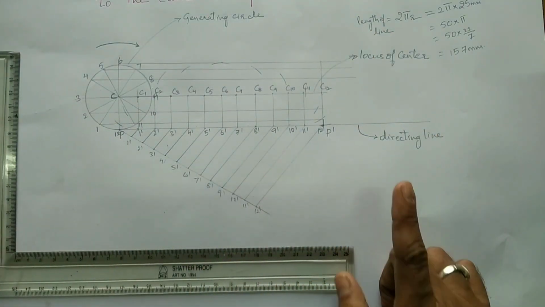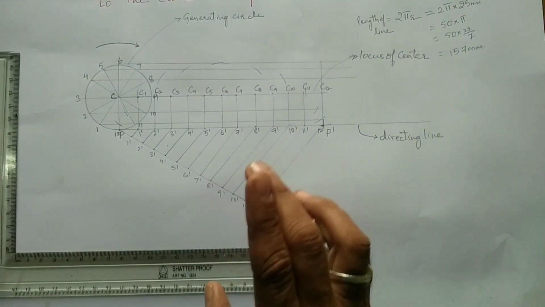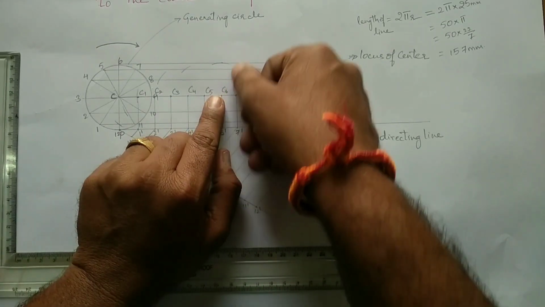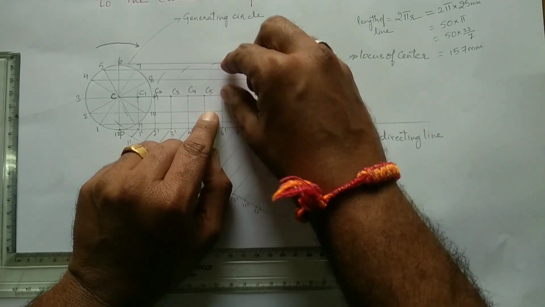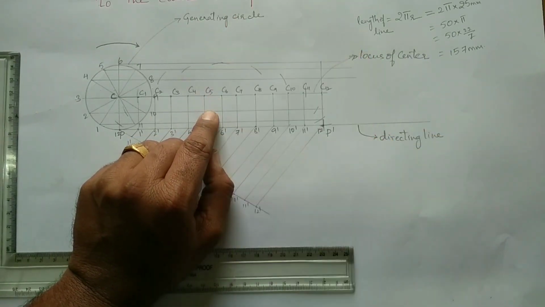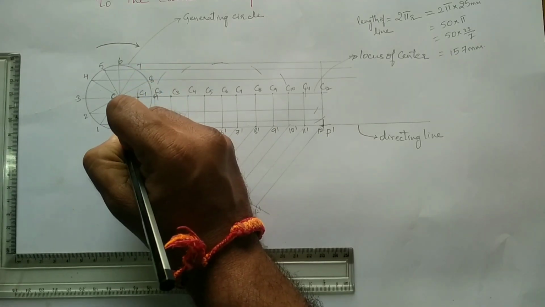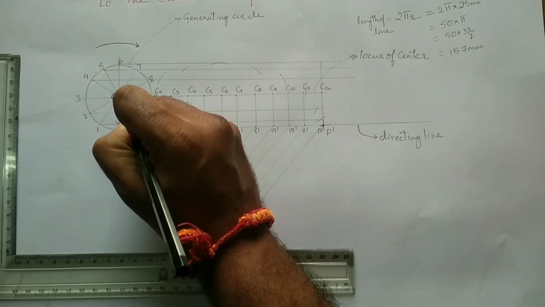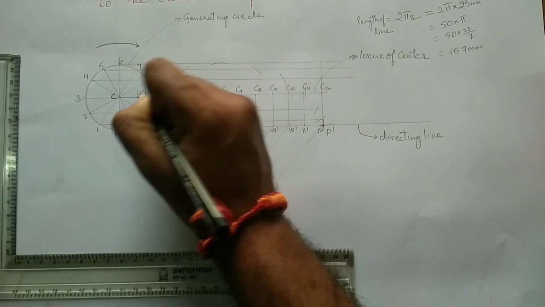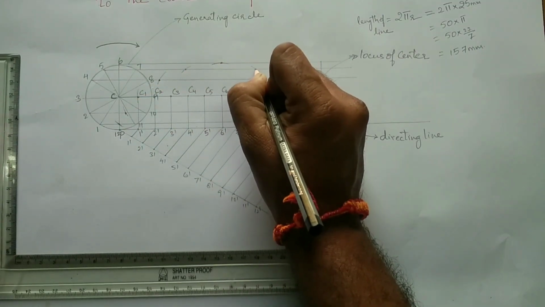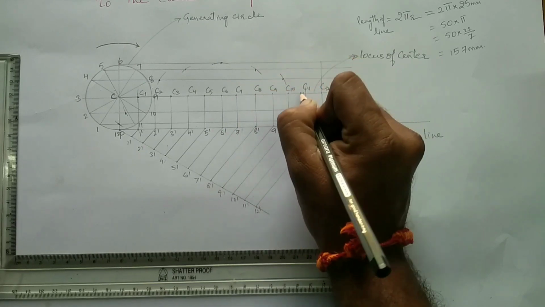To identify whether your construction is correct or not, check the points at C6 and C12. If the curve touches exactly at the point of the sixth line, then your construction is perfect. Now, mark the points of these arcs intersecting on the lines. Mark the intersection of the arcs on the particular lines.